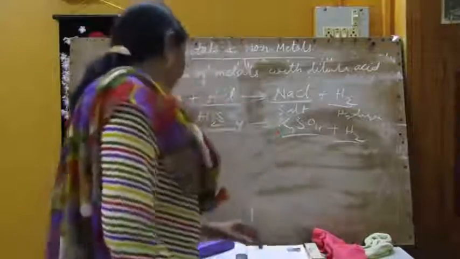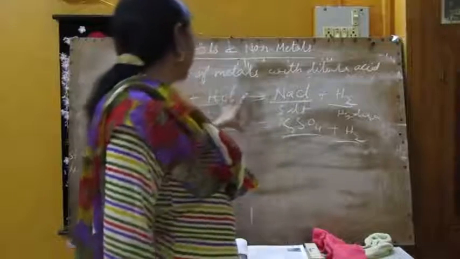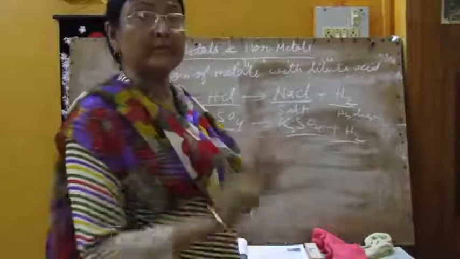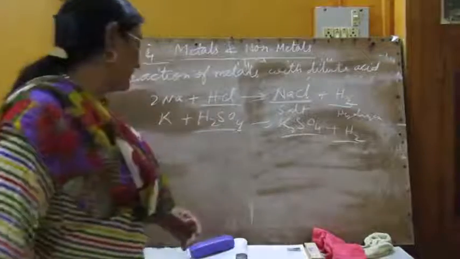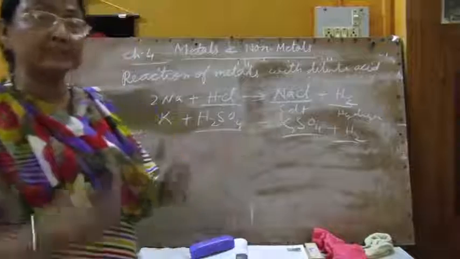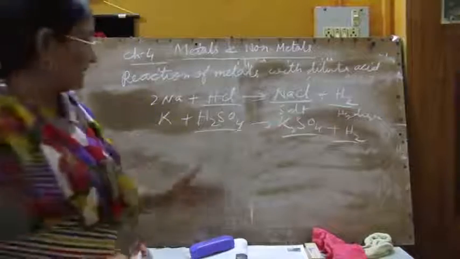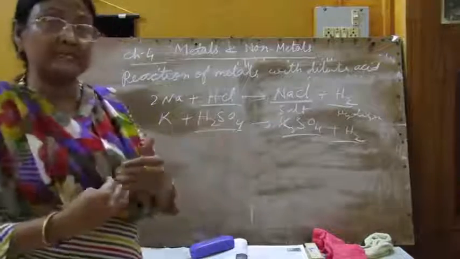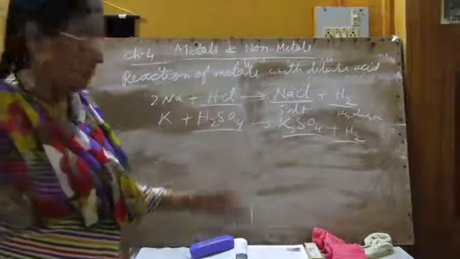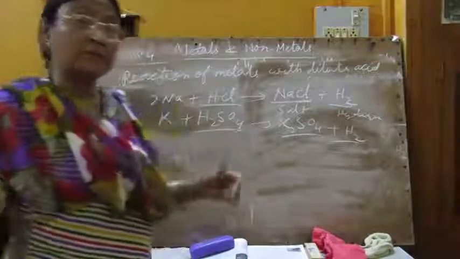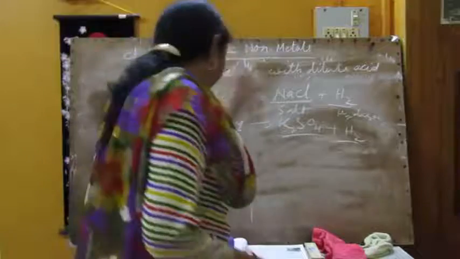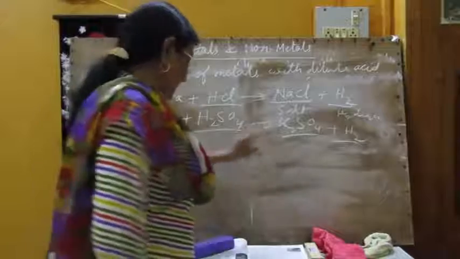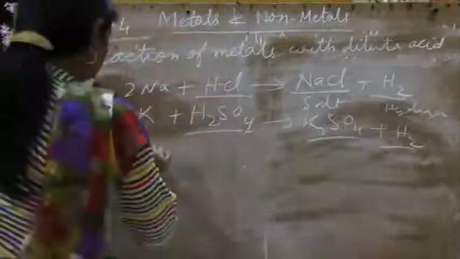Now magnesium reacts less violently. Sodium and potassium react more violently because they are very reactive, but magnesium reacts less violently than sodium. Why? Because magnesium and zinc are less reactive than sodium and potassium. That's why they do not react so violently with sulfuric acid and hydrochloric acid, but they still produce hydrogen gas.